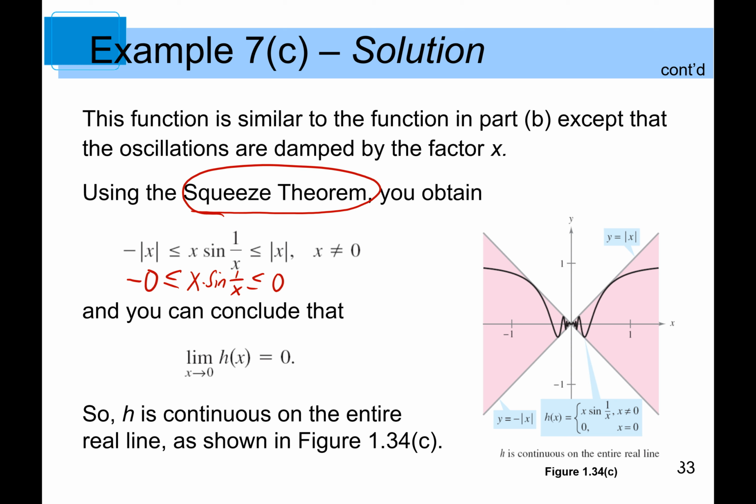Then it must be 0, right? That's why we know that the limit as x approaches 0 of the function x times sine of 1 over x is equal to 0. So h is continuous on the entire line. It's continuous everywhere.